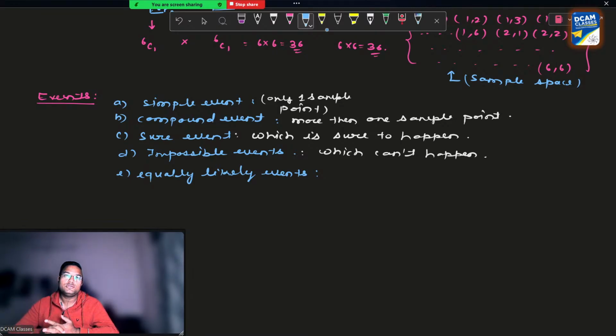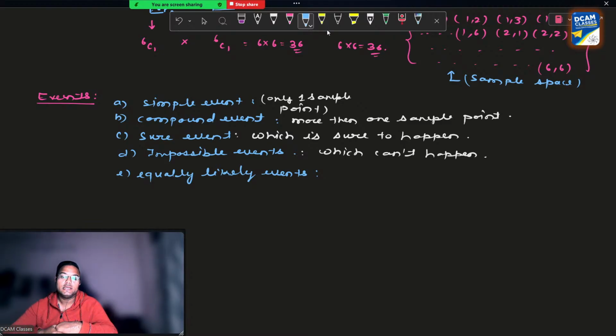Suppose you give an exam. There are equal chances of you passing and equal chances of you failing. Or if I throw a dice, I can get any number, na?